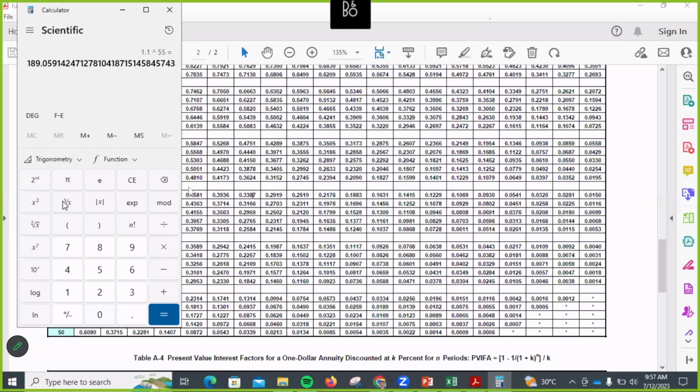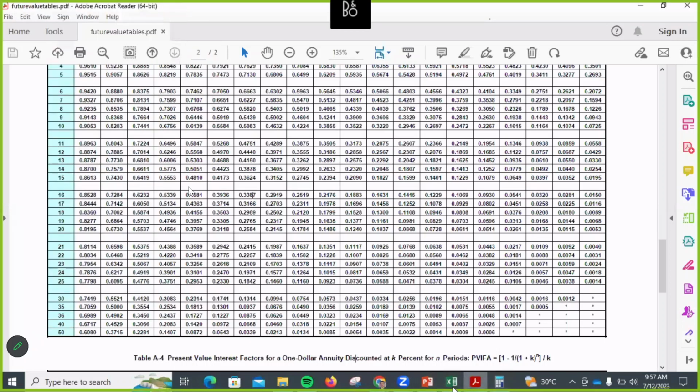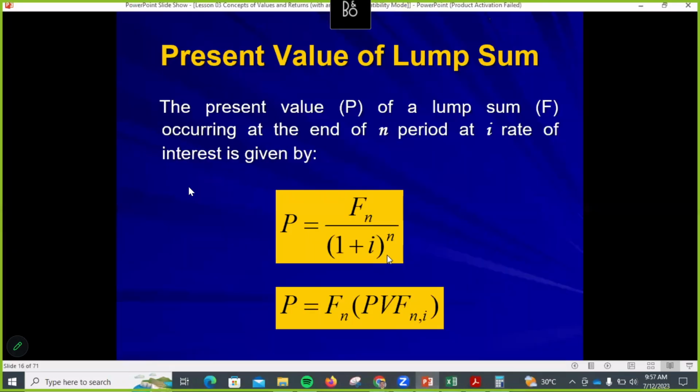Then you take 1 over x. So this value is coming, 0.0672. You can approximate 0.067. So in this way, using a calculator, whatever value you require, you can find. So this is a formula you can apply or use.